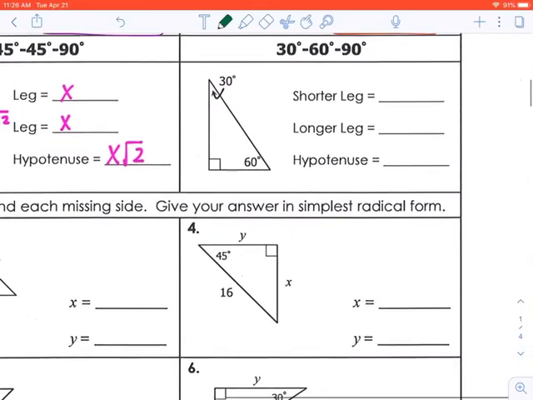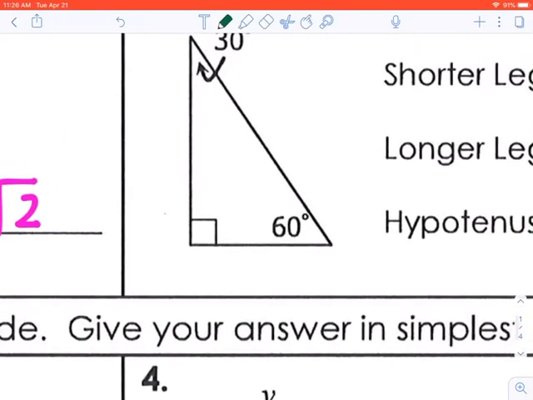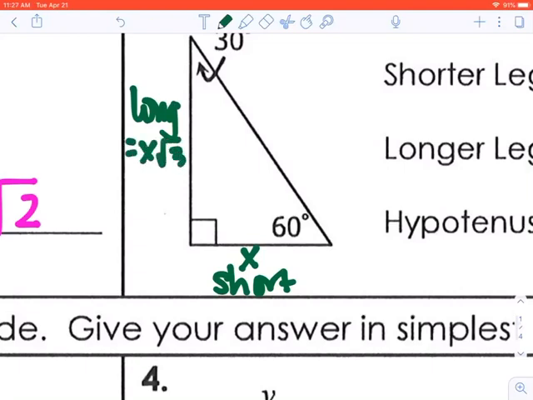And so if I come over here, and I'll call my short leg x, so opposite the 30 degrees is my short leg, I'm going to call it x. Okay, then my long leg, which is opposite the 60 degrees, is going to be x rad 3. And my hypotenuse, which is always the longest side opposite the right angle, is going to be 2 times x.